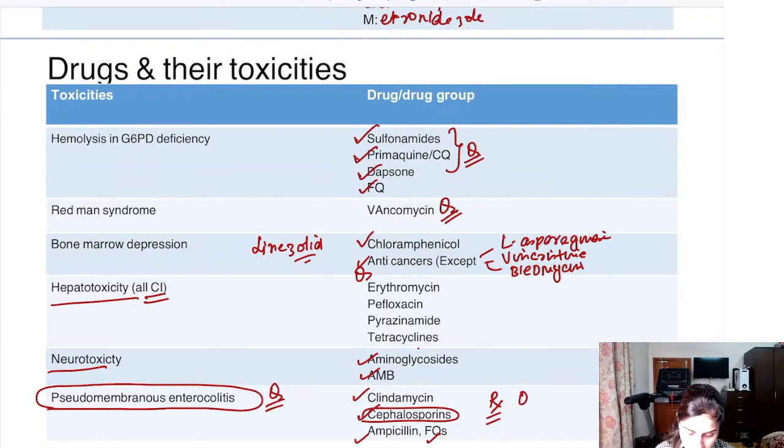That is your oral. अगर हमने देना है, you can give vancomycin orally, right? Because it has the oral action here. ठीक है, orally you can give vancomycin. So these are few important drug toxicities which are really, really important, and they have been asked time and again in various exams. ठीक है.